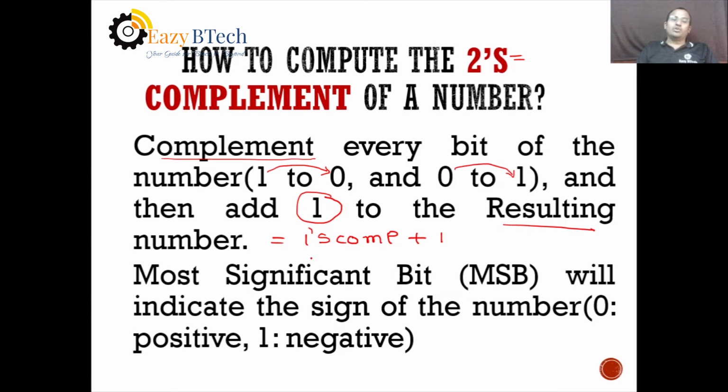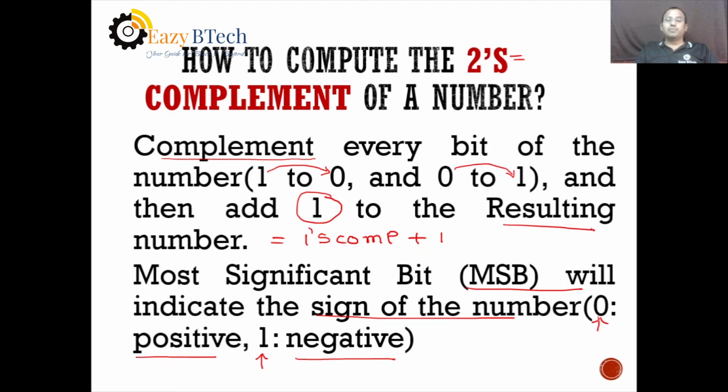So here also the MSB will indicate the sign of the number. If it is 0, it indicates a positive number. If it is 1, it indicates a negative number. This is another important point in all three representations.